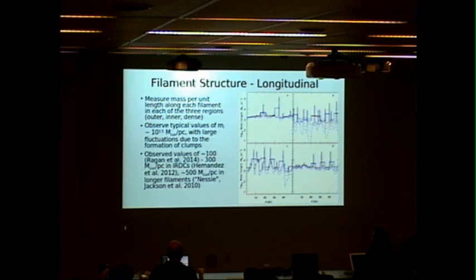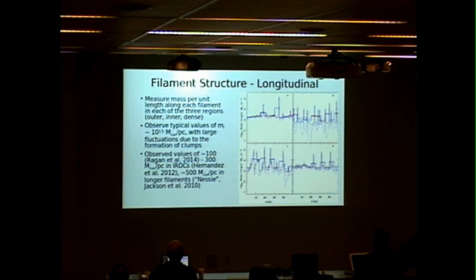So we can also look at the structure along the filaments. We measure the mass per unit length in each of the 4 regions with the 3 different cases of outer, inner, and dense filaments. I show these profiles here for each filament, with the black lines representing the outer filament, red representing inner, and blue representing the dense gas.